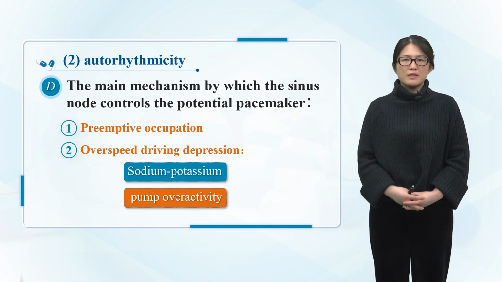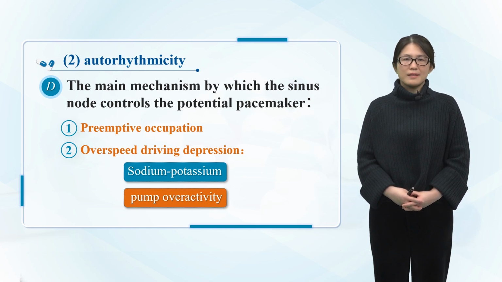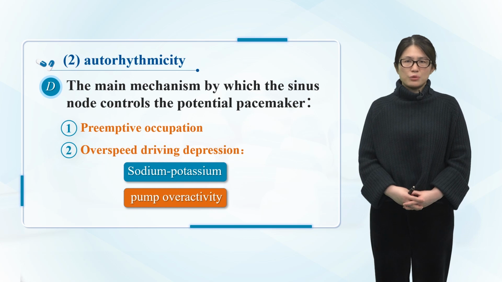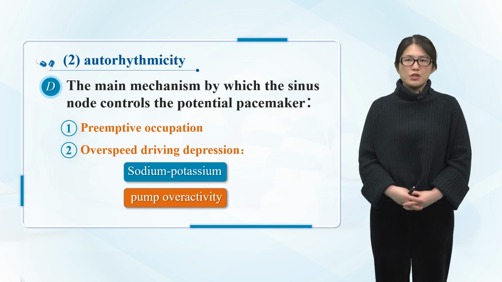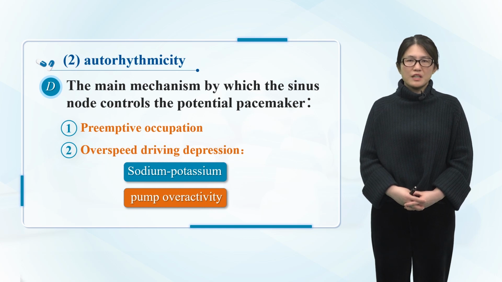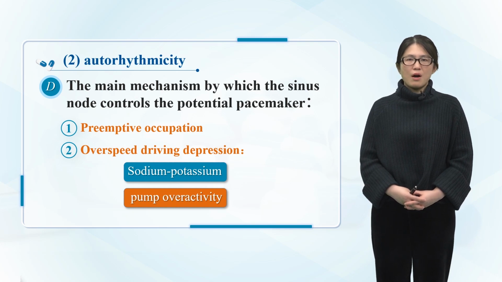Before the potential pacing point reaches the threshold potential through phase 4 automatic depolarization, the excitation from the sinus node has already activated it to generate action potentials, thereby controlling the rhythmic activity of the heart. This phenomenon is called preemptive occupation or capture.